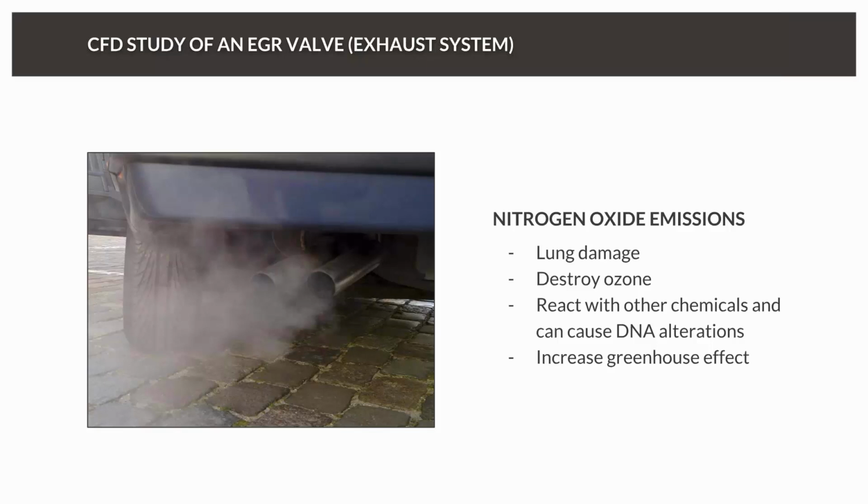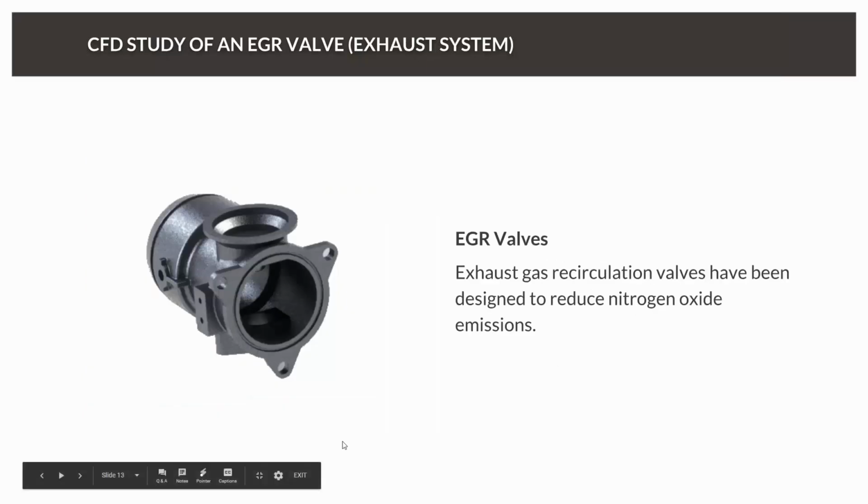The big problem with the diesel engine is that we have a heterogeneous mix of fuel and air, and therefore we have a lot of zones which are air-rich. The idea of EGR is that we mix some of the exhaust gas with the fresh air taken from the intake, and this allows us to reduce the concentration of oxygen, which should reduce the amount of nitrogen oxide produced during combustion.